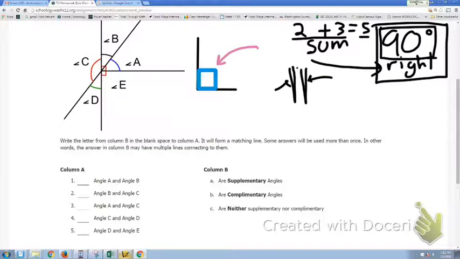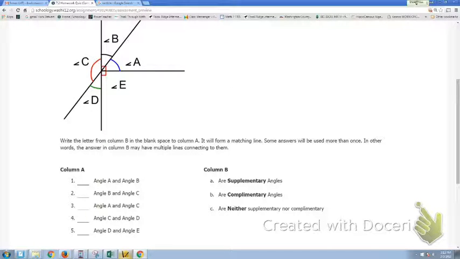Another example would be this. If I had an angle that was 30 degrees, and then I had another angle that was 60 degrees, well, guess what? 60 plus 30, the sum of those two, is 90. So I would say that these two angles are complementary. That's just how that definition goes.